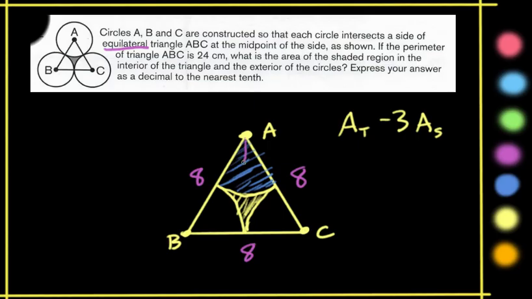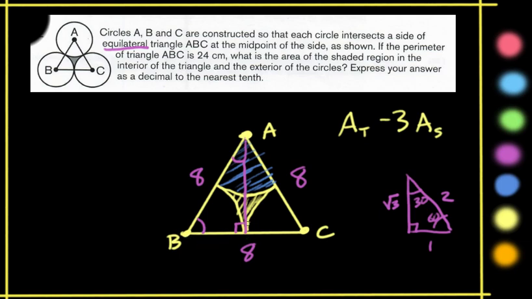The height, we have to use this 30, 60, 90 triangle. So that's 30 degrees. This is 60 degrees. This is 90 degrees. And whenever you have a 30, 60, 90 triangle, the sides will be in the ratio of square root of 3 to 2 to 1. This is a special right triangle. So in our case, instead of 1, we have 4 along here.